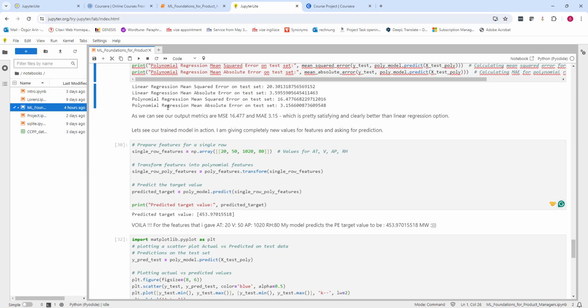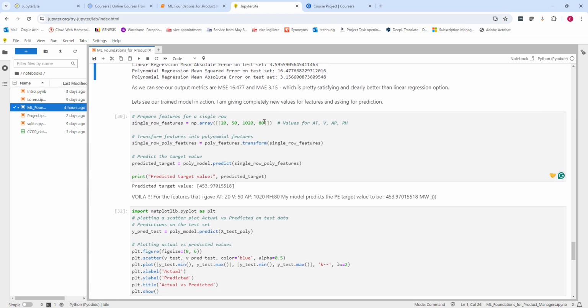However, you see that we still have a high mean squared error, meaning that we have some outliers in the predictions that we can see here. But when we think about the distribution, 450 more or less, and it's only 3.15 in the mean absolute error, we have quite a good algorithm to predict the output of the electricity.